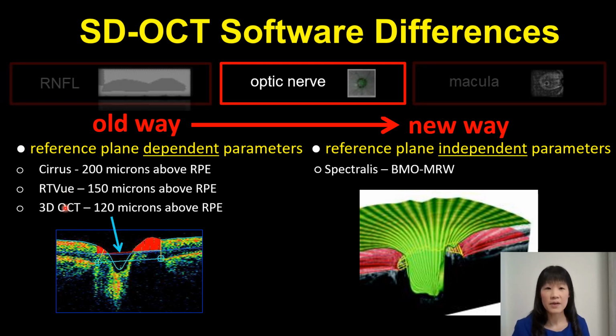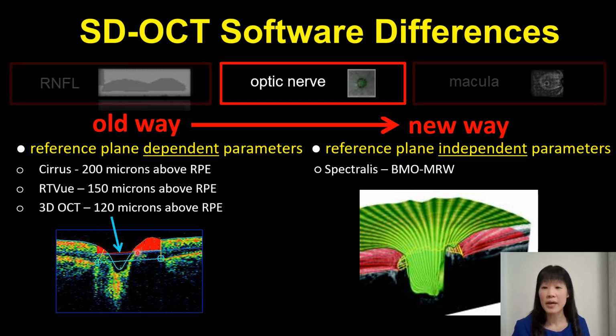So the Cirrus RTVue and 3D OCT use a reference plane, and the Spectralis machine doesn't. So basically, the OCT machine takes a reference plane that is above the RPE. So for example, in RTVue, the reference plane is 150 microns above the RPE. And this reference plane above the RPE is the boundary, below which everything is the cup, and above which everything is the red neuroretinal rim.